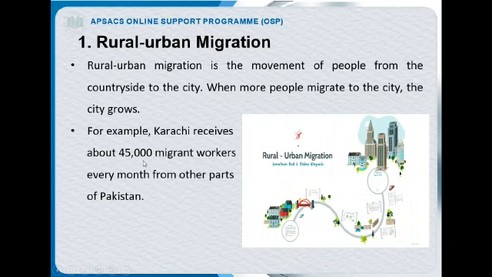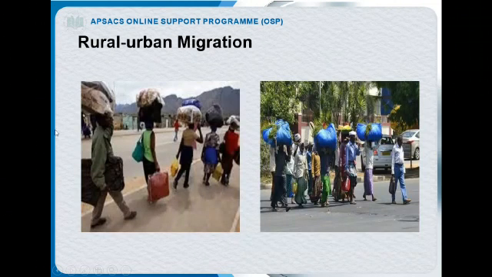Karachi is the largest city of Pakistan. That means Karachi has a high level of urbanization. Rural-urban migration: people are moving from rural areas and entering urbanized areas or urban cities.